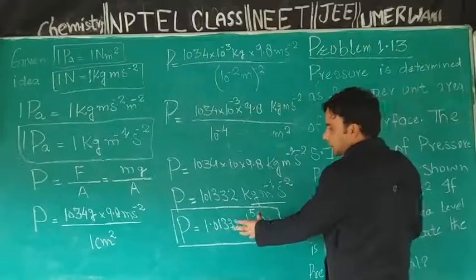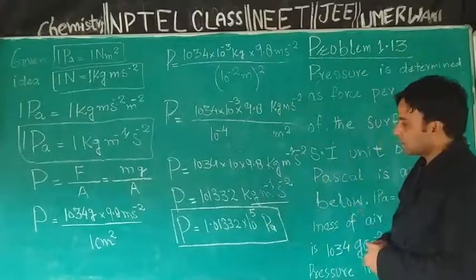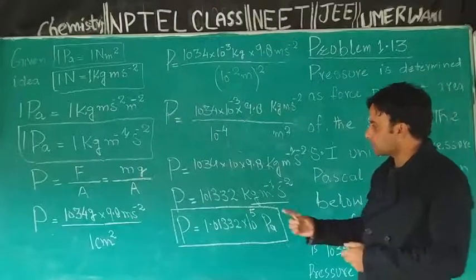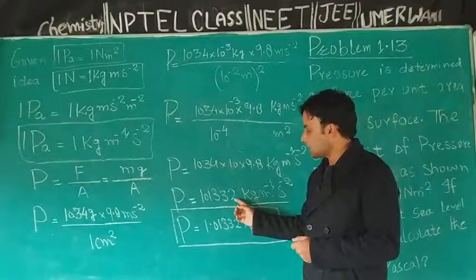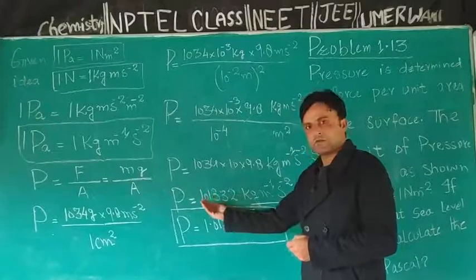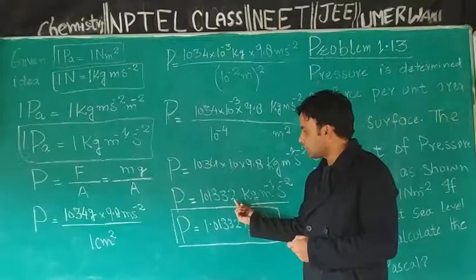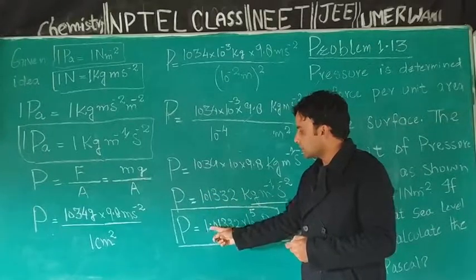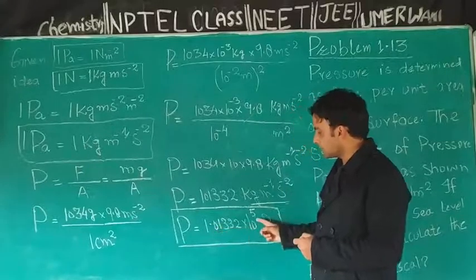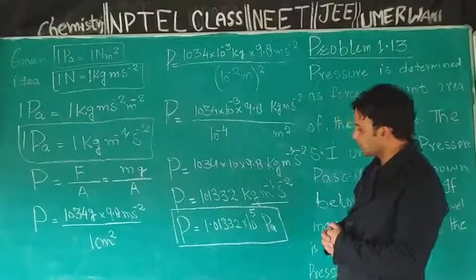Then I said that in science we have to report our data in scientific notation, and scientific notation demands that I place the decimal after 1. Now see, the position of the decimal is before 5 digits, so I used the multiplying factor 10 raised to power 5.